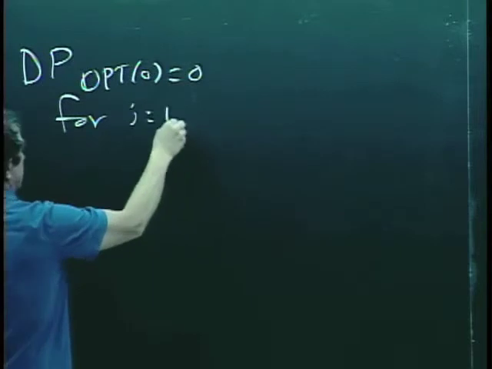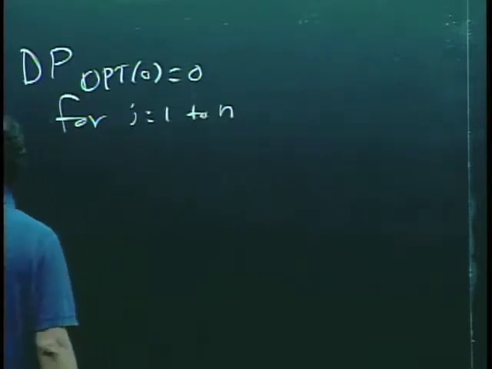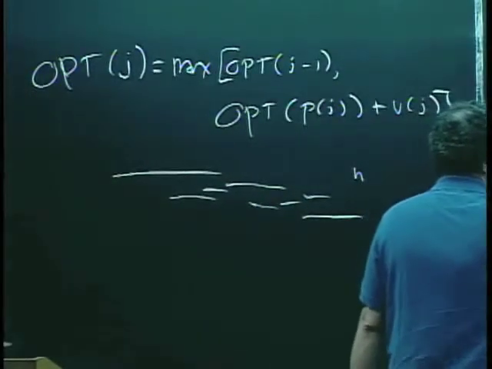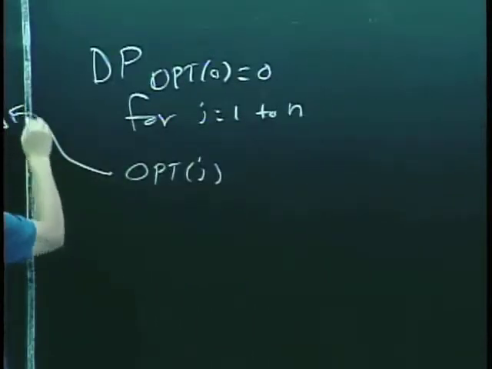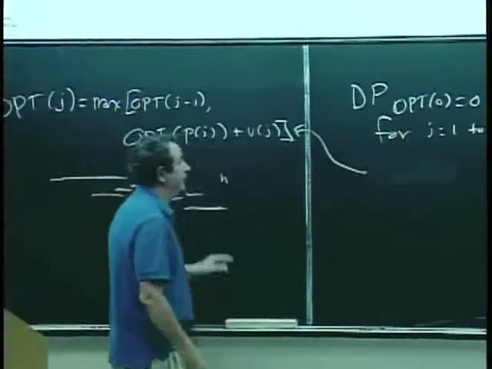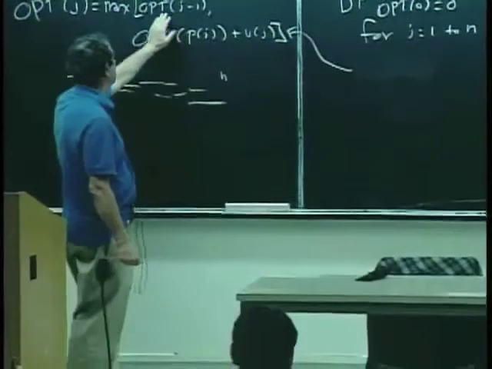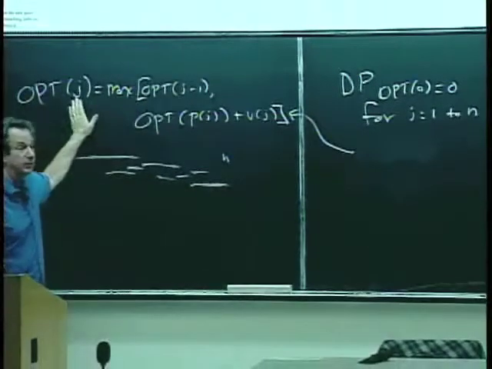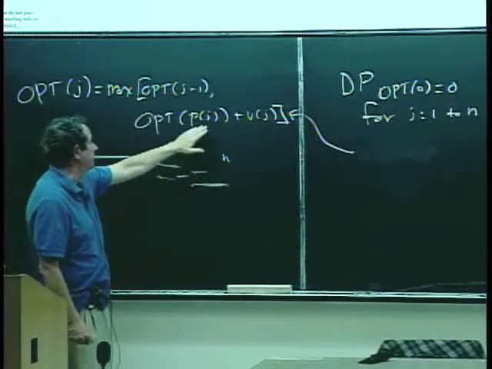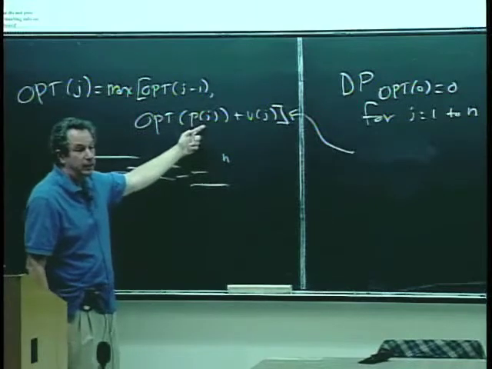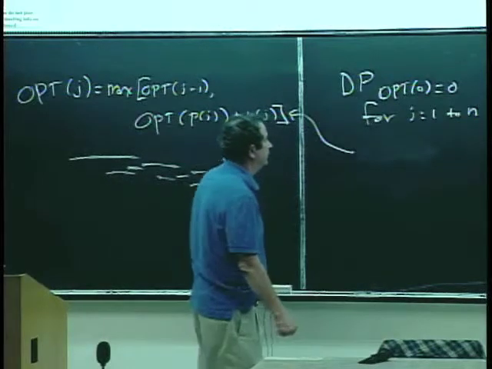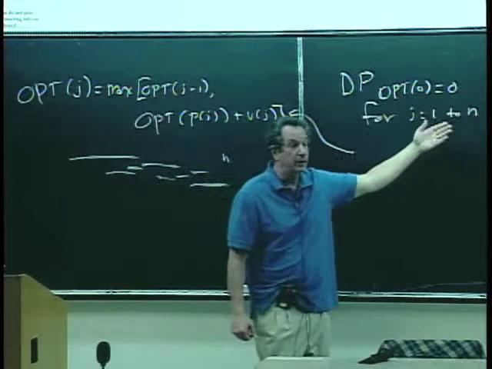And then for j equals 1 to n, there are n of these intervals, you just use this recurrence, because when you want to evaluate opt_j, the recurrence says you need to have opt_(j-1), and you need to have opt of p_j. But p_j is always less than j, so if you are evaluating the opt function in this order from j equals 1 to n, then it's fine.